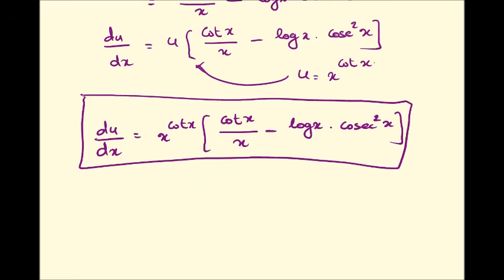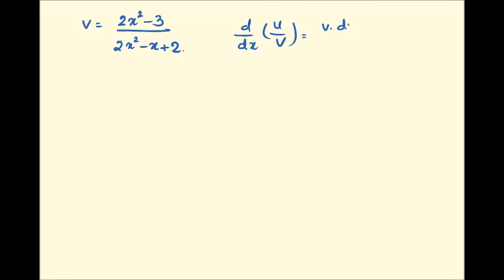Now we need to find dv by dx. v is equal to 2x square minus 3 divided by 2x square minus x plus 2. This is in the form d by dx of u by v. We know that d by dx of u by v is v into du by dx minus u into dv by dx, the whole divided by v square.